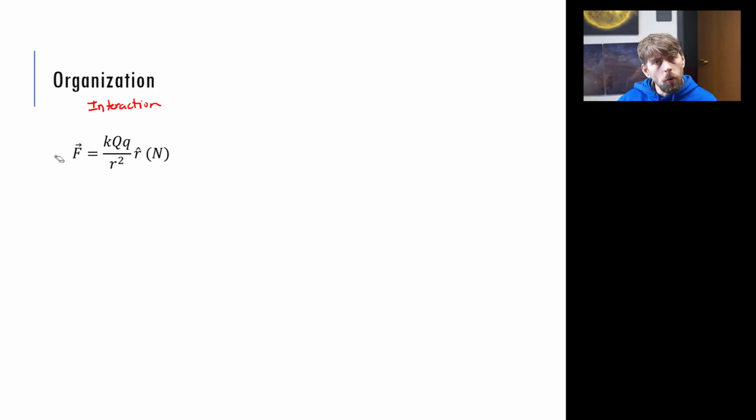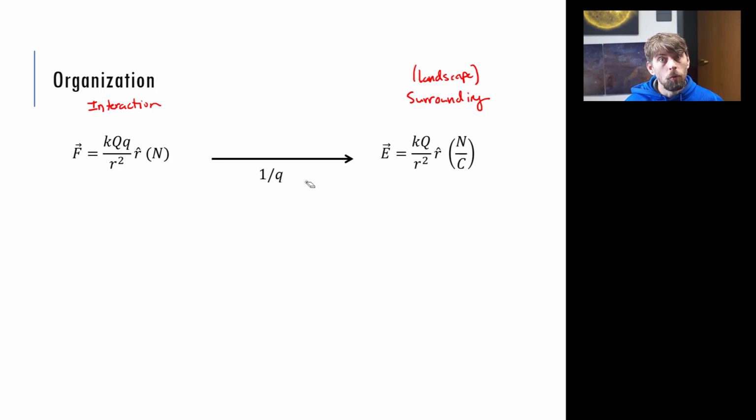But we also have physical quantities that just represent the surroundings, that just involve characteristics of the surroundings. So I'll put that over here in the right column. These are just surroundings, or if you prefer, I tend to think of it like the landscape. We have one called the electric field going over there.